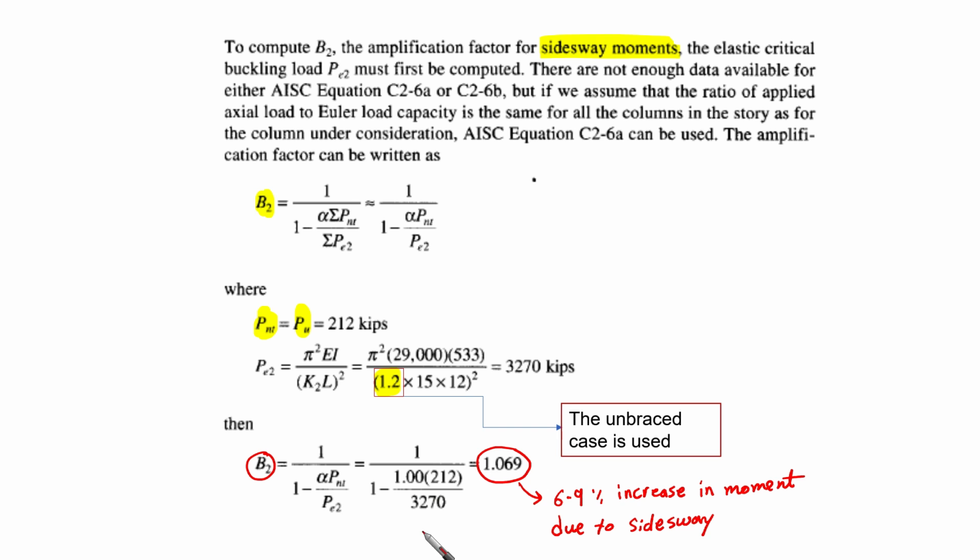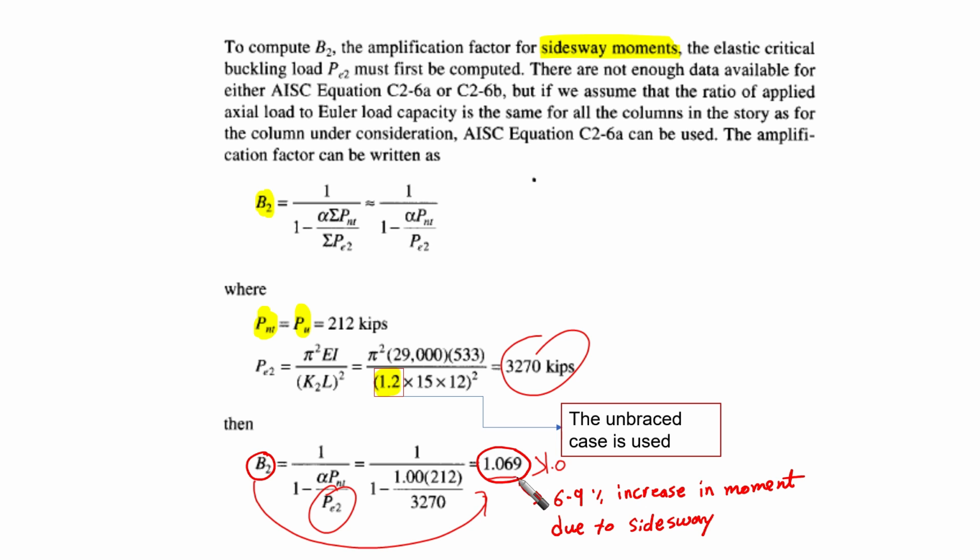Okay, now we have everything here, and PE2 already we have obtained it, and it gives us 1.069. What is the meaning of this again? Do not leave the basic principles obscure. You need to visit or recall these principles from time to time. B2 equal to 1.069. First of all, it should be larger than 1.